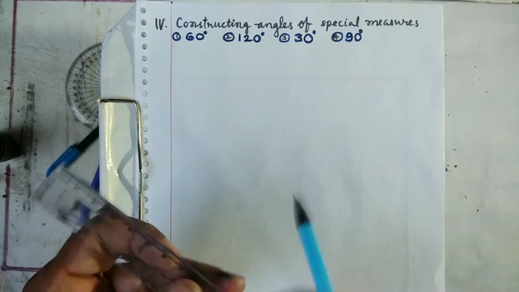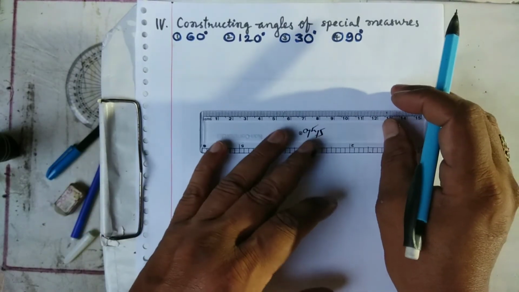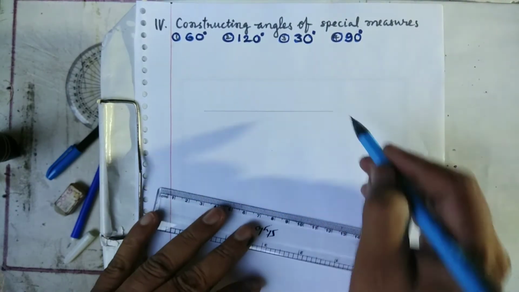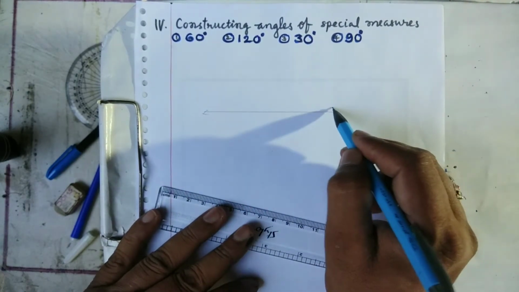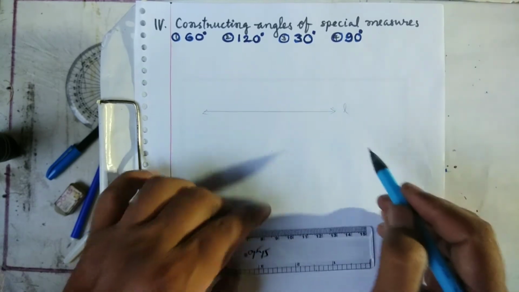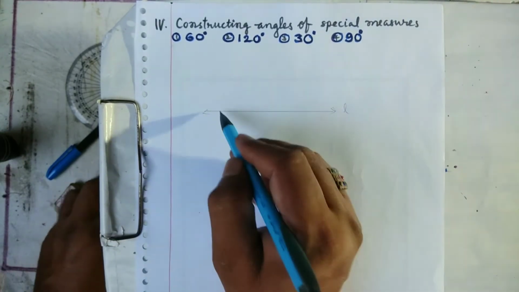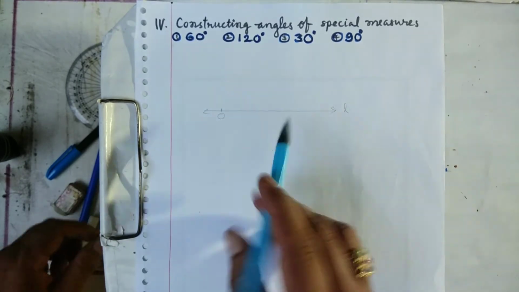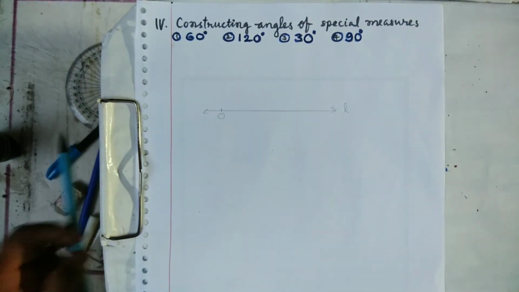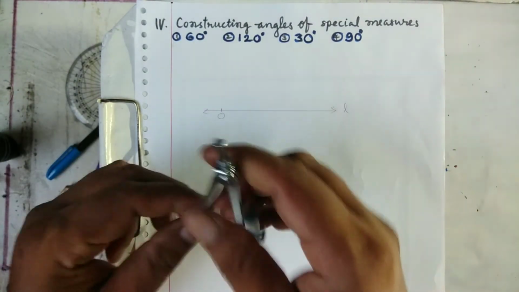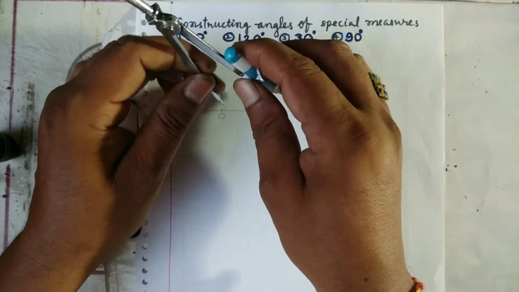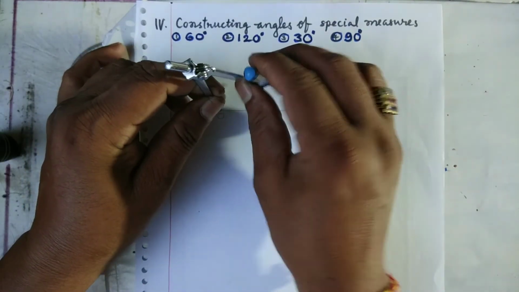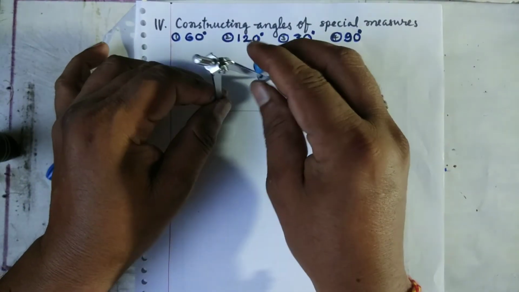To draw this 60 degree, first draw a line L, keep a point O on it. Now taking a compass, O as center, draw an arc with convenient radius.